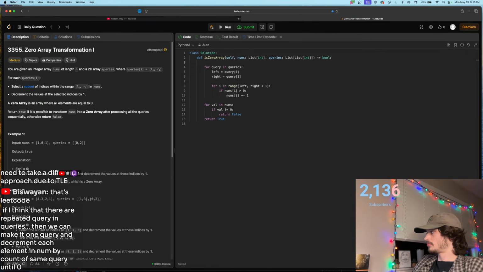This way and says if there are repeated queries, we can make it one query and decrement each element in nums by the count of the same query. Yeah, that's what I just typed in. That's literally what I just typed in.